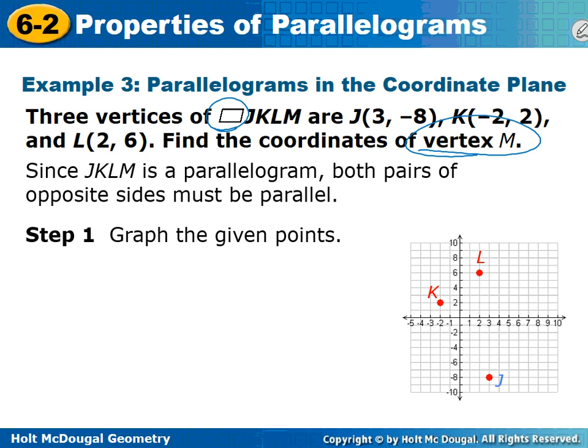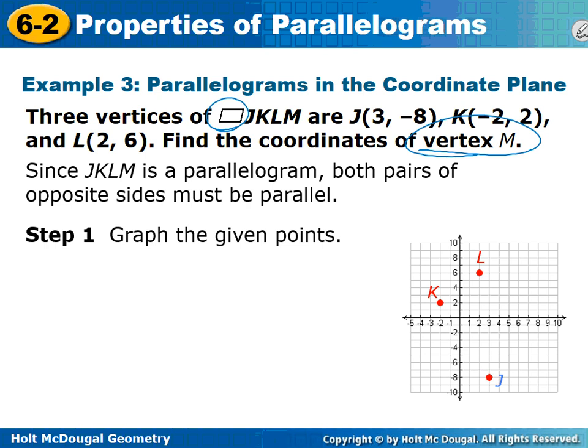If we know this is a parallelogram, what do we know about the opposite sides? We know they're congruent. What else do we know? Help me out, guys. Definition of a parallelogram. What's true about the opposite sides? They're parallel. Opposite sides are parallel. What do we know in Algebra 1 on a graph about parallel lines and their slopes?